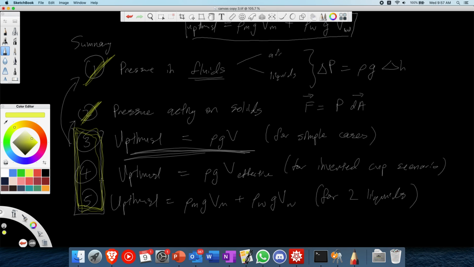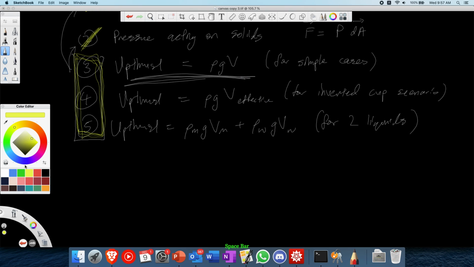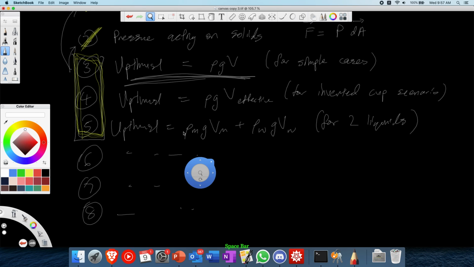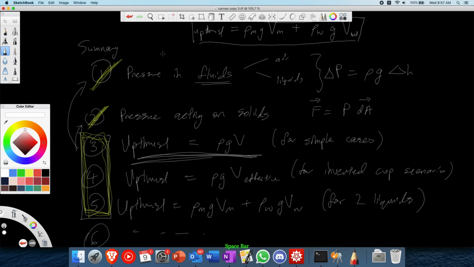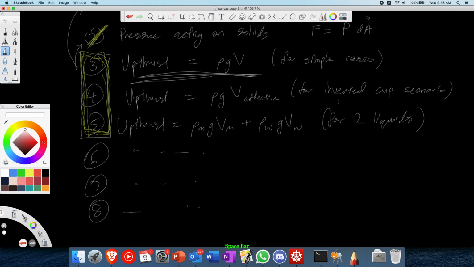If in the future you see any other questions like 6, 7, 8, where there are more cases of upthrust, you can always look back at points 1 and 2, because these are the foundational governing principles of pressure in fluids and pressure in physics.